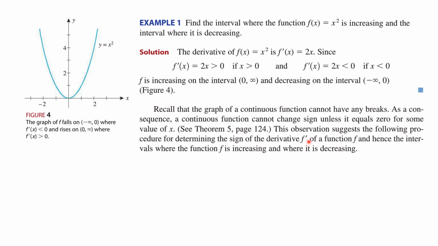This observation suggests the following procedure for determining the sign of the derivative of a function f, and hence the intervals where the function is increasing or decreasing. Again, this relies on the fact that the derivative is a continuous function, and that was the intermediate value theorem that we talked about earlier.